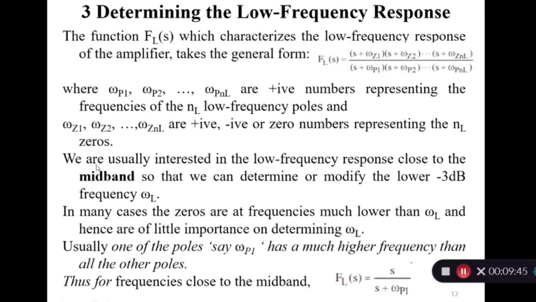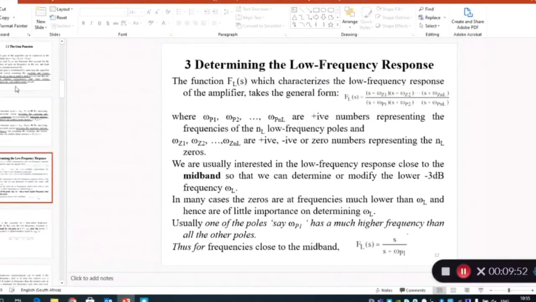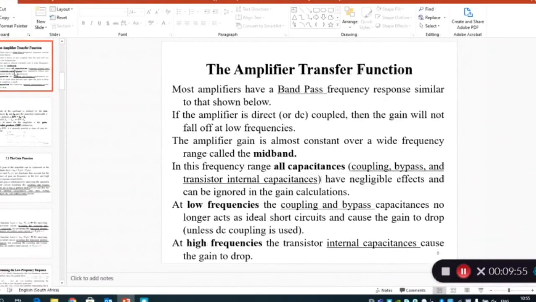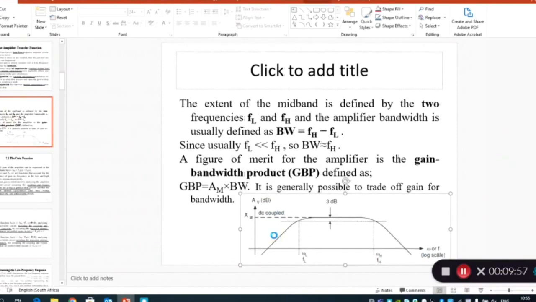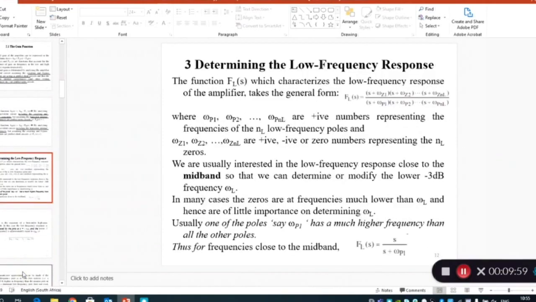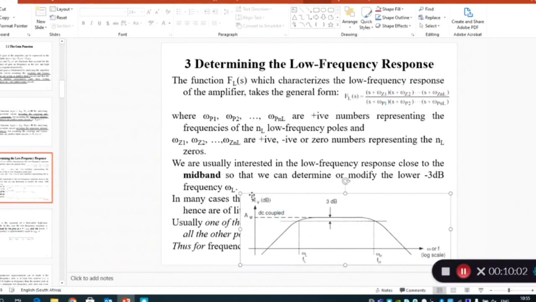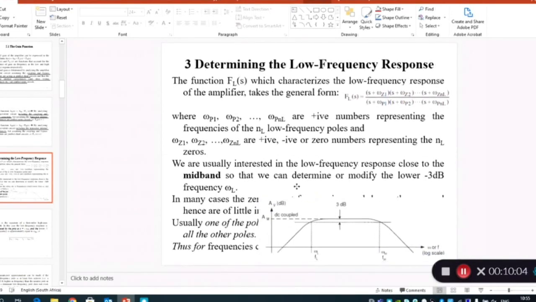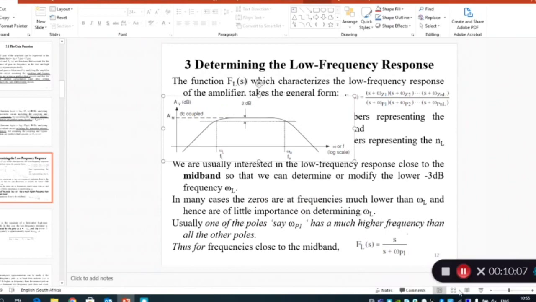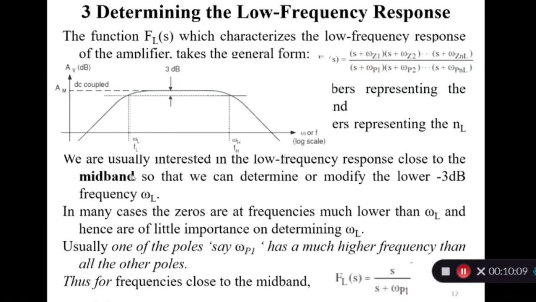Now, we are usually interested in the low frequency response close to the mid band. What is the meaning of this? Means, see, the low frequency range is this one: lower, lower and lowest.